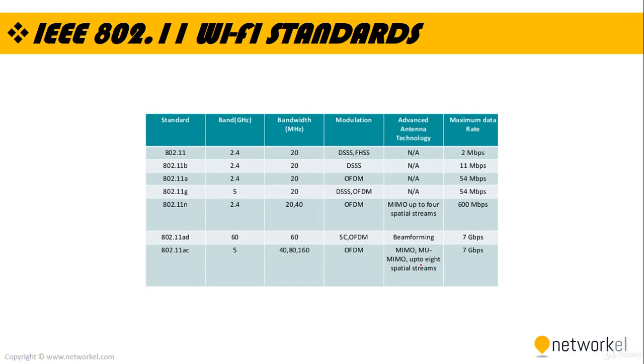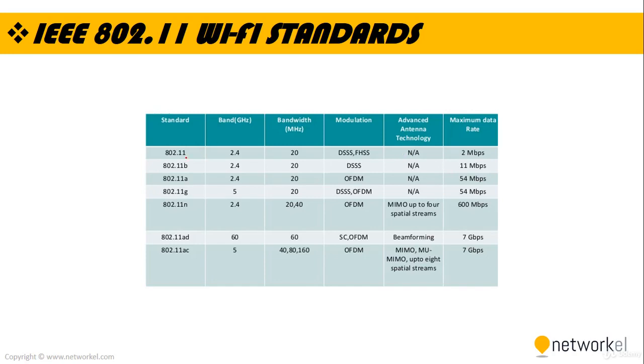And let's take a look at 802.11 Wi-Fi standards. These standards are a set of media access control and physical layer specifications for implementing wireless local area network communication. In the chart, you can see the evolution of the standards.